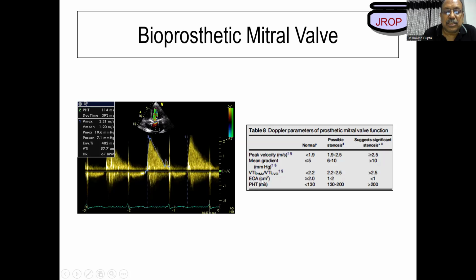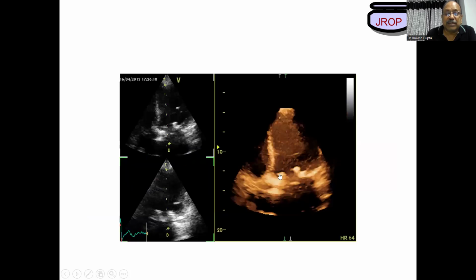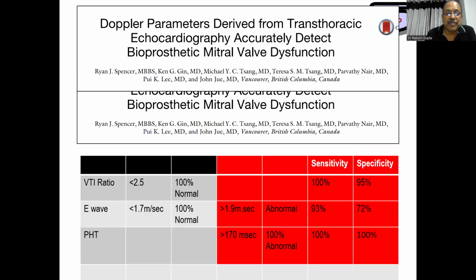Now, these are the two points which have recently made a difference. Pressure half time less than 130. Look, his pressure half time is 114. So two parameters are talking of possible stenosis, and one parameter is talking of possible normal. The third parameter is the velocity time integral of the prosthetic valve versus the LVOT, and that's what I was saying a few minutes back.